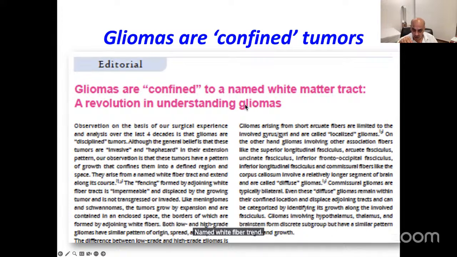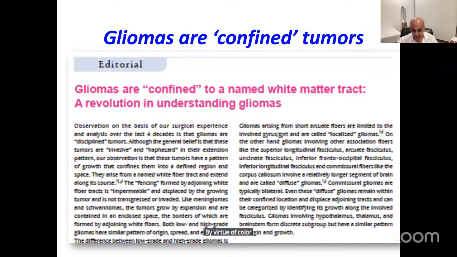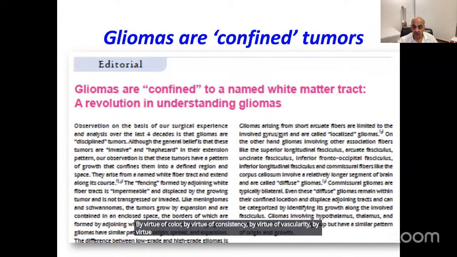They grow along the white fiber tract and create dysfunction by pressing on the adjoining tracts, by deformation, and very rarely by destruction. But deformation is the more important. And for a surgeon, by virtue of color, consistency, vascularity, and seeing the adjoining brain, you can develop a well-defined plane of dissection.